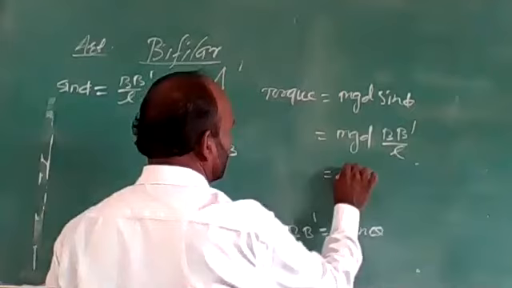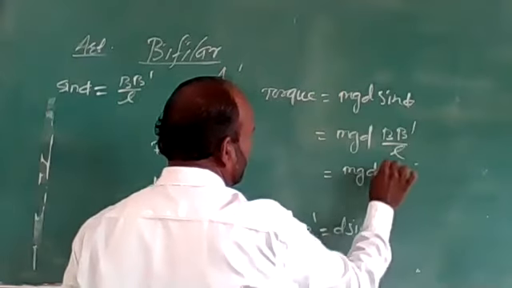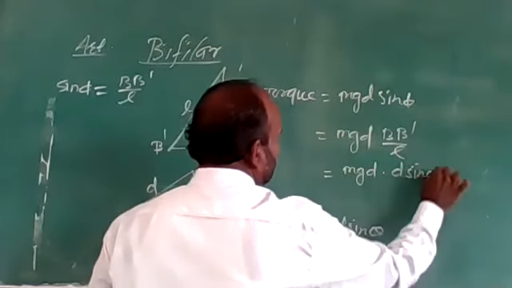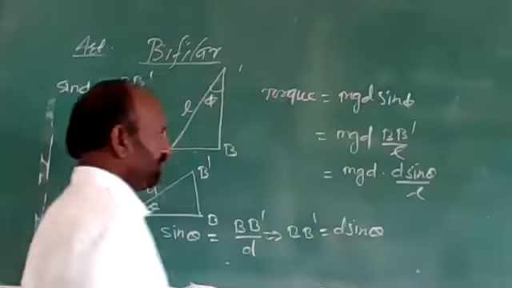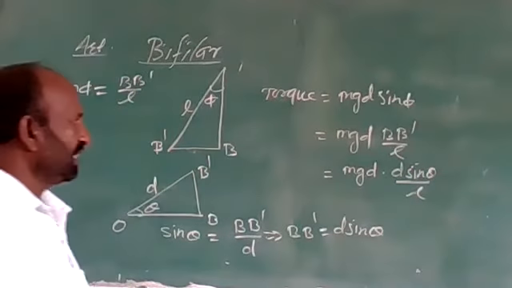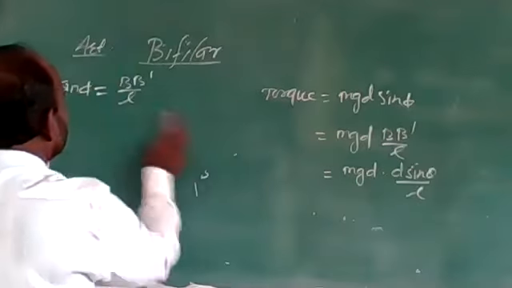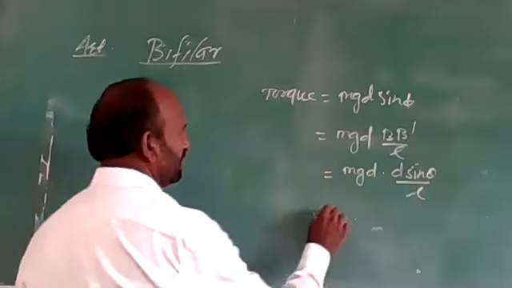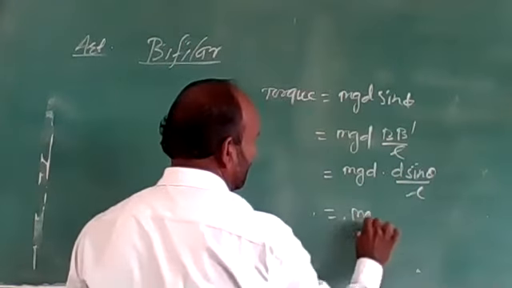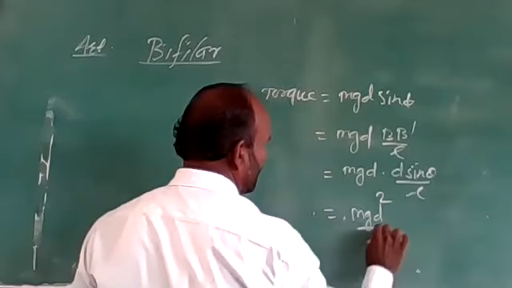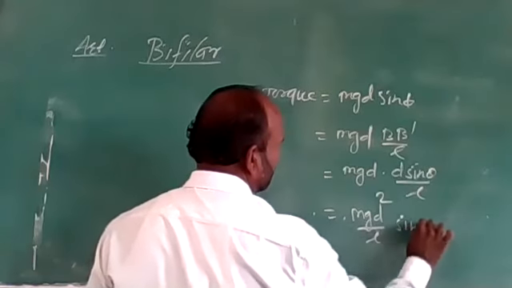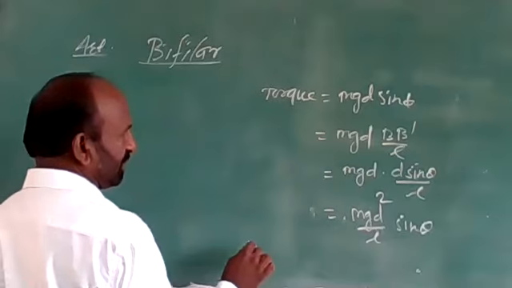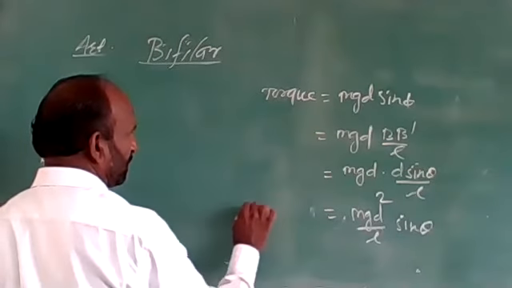Put that value here. mg d into d sin theta upon here. Then this equation we can write as mg d square upon here into sin theta, that is the restoring torque.